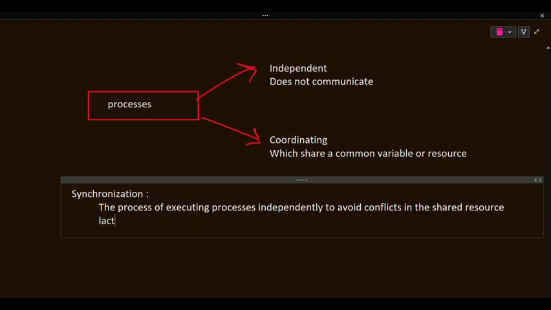And lack of synchronization can cause data loss and data inconsistency. This is the importance of synchronization.